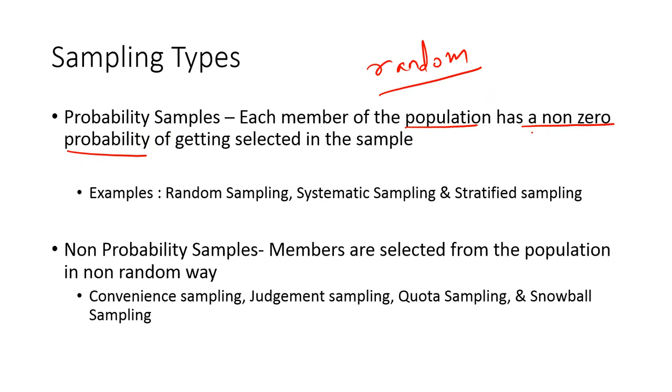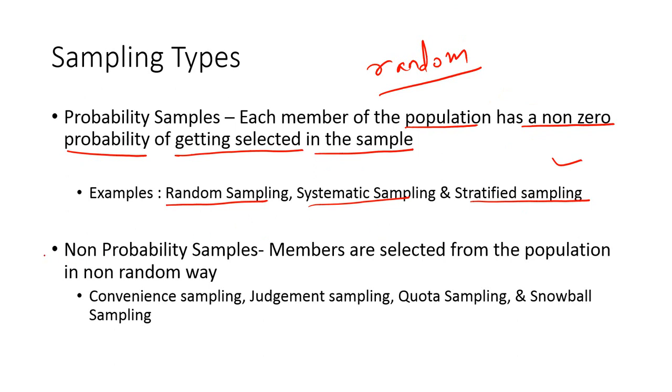Each and every element of the population has a non-zero probability of getting selected in the sample. Examples of probability sampling are random sampling, systematic sampling, stratified sampling, and so on.